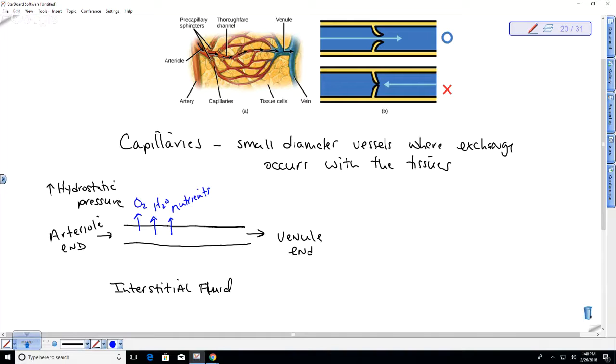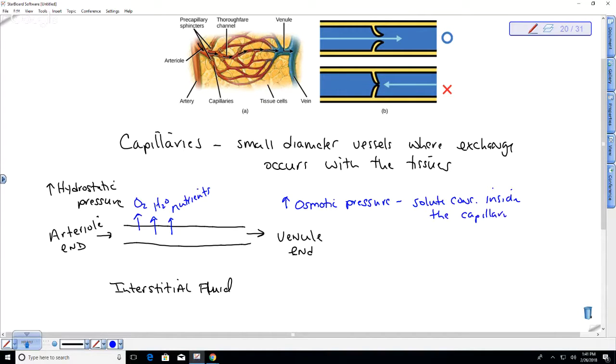Okay. So at this end, we have what is called a high osmotic pressure. And this is due to the solute concentration inside the capillary.